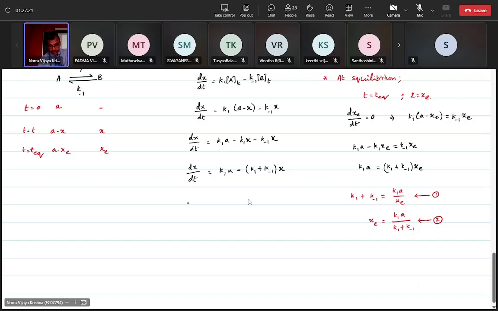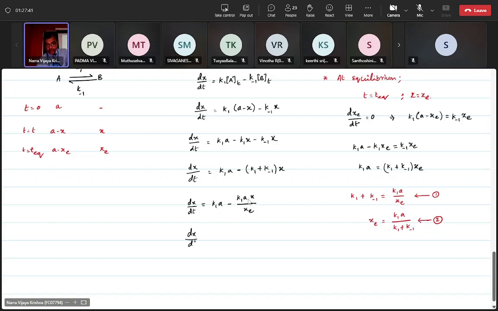Can I substitute K1 plus K minus 1 value? So what is this equation now? Dx upon dt equal to K1A minus K1A into x upon xe. Can I take LCM?